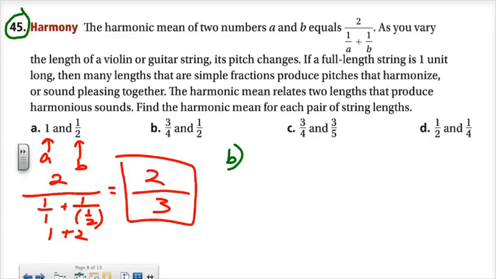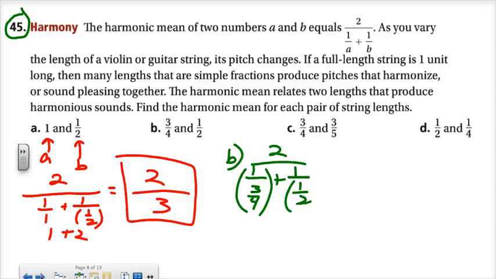So for B, we have 2 over 1 over 3/4 and 1 over 1/2. That will give us 2 over the reciprocals of those, so 4/3 plus 2, and you can put 2 over 1 if you want to. We are going to have to figure out what that fraction is.